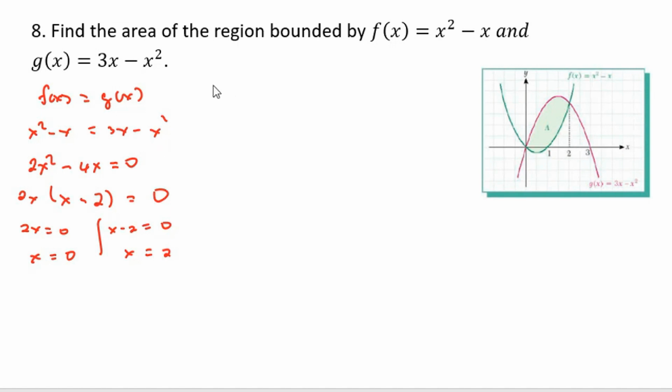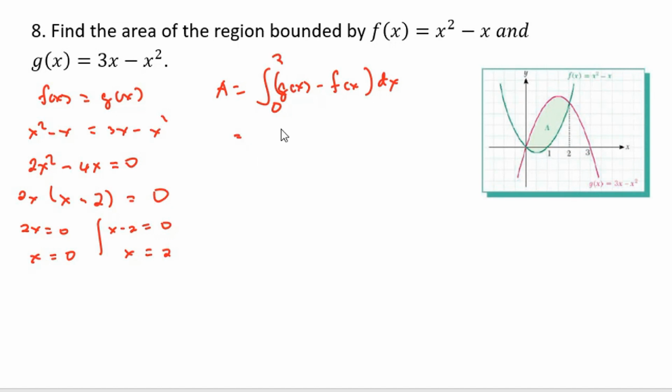So I will write here, the area is equal to the integral of the upper function, which is g of x, so g of x minus f of x, the lower function, dx, whose interval is from 0 to 2.